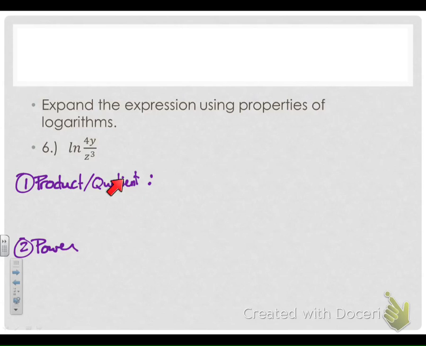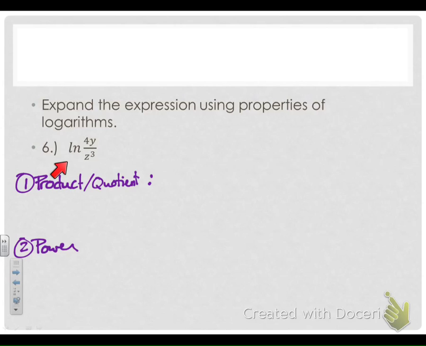So I noticed there's a product between 4 and y, and then a quotient with z cubed. So if I'm doing product and quotient all in the same line, there will be a plus sign between these two logarithms, and then a minus sign for the z cubed logarithm.